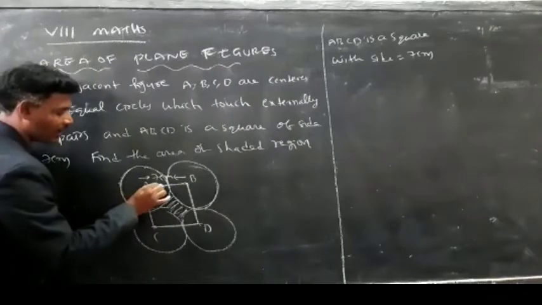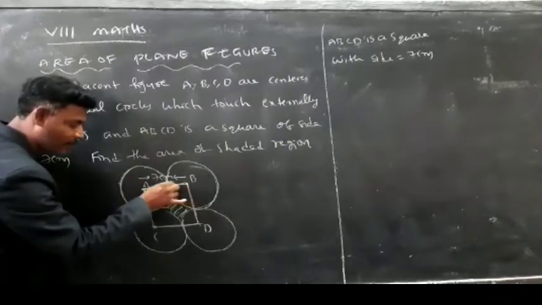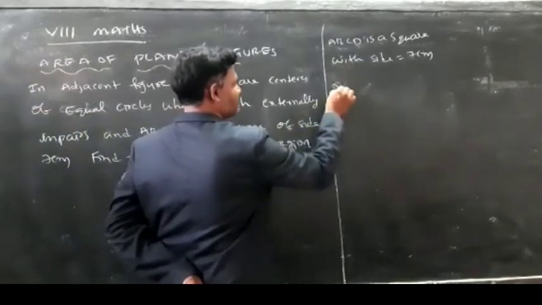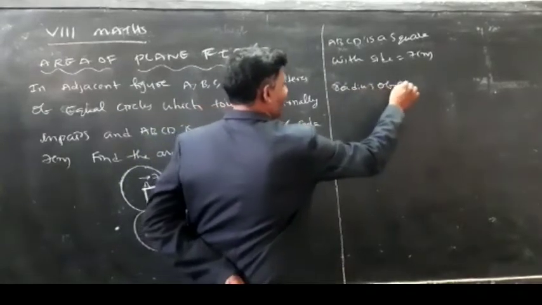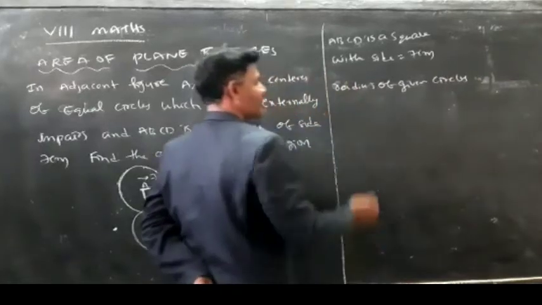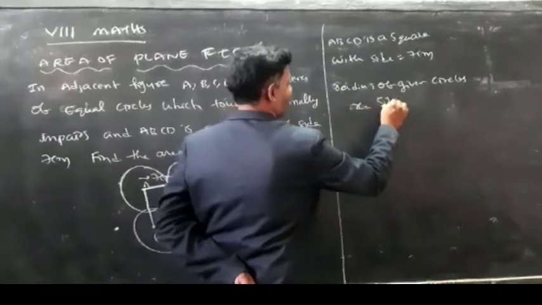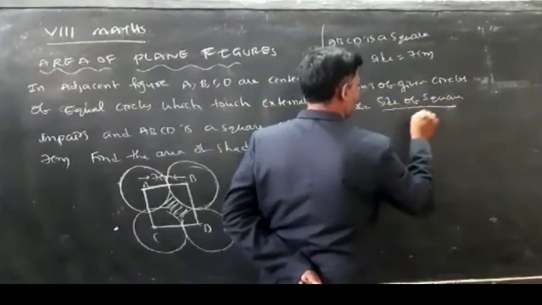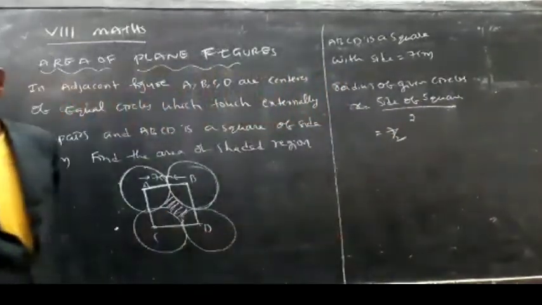Here, this is a radius and this is also a radius. Radius of the given circles is equal to side of square by 2, which is equal to 7 by 2.